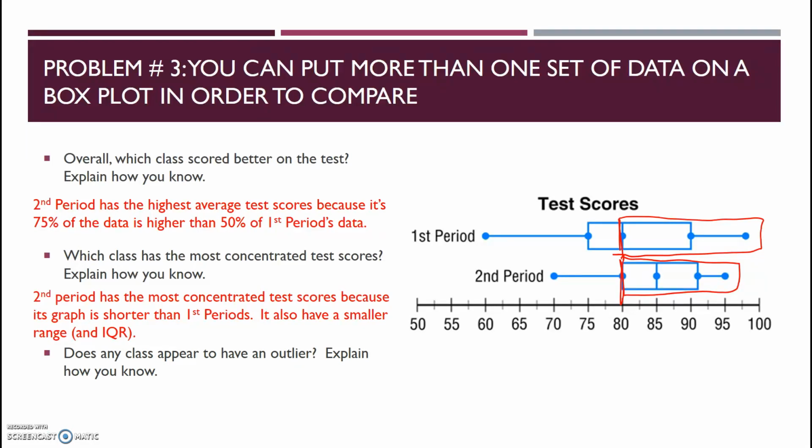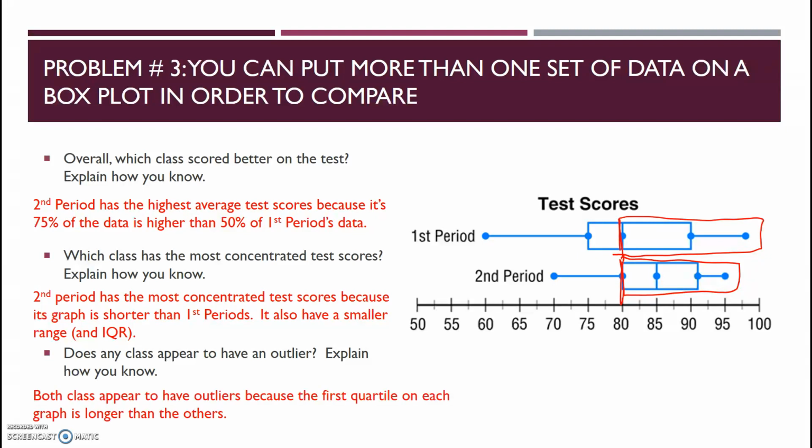Again, if there were outliers, you might want to argue the IQR is also smaller, but overall, we generally look at the range. And the final question, does any class appear to have an outlier and explain? I would say yes. Both classes appear to actually have an outlier because the first quartile on each of them is longer than the others.